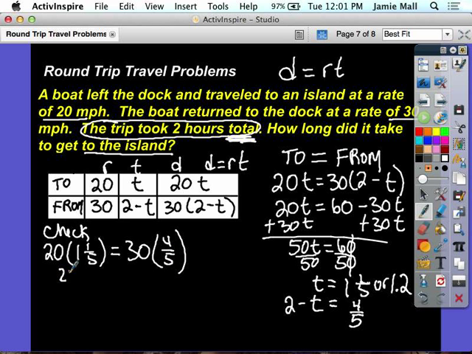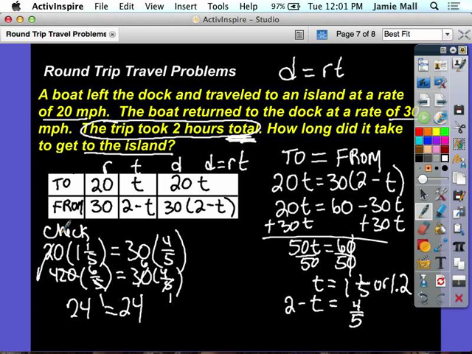I know that 20 times 6/5 should equal 30 times 4/5. I'm going to simplify, and I'm left with 24. So it checks.